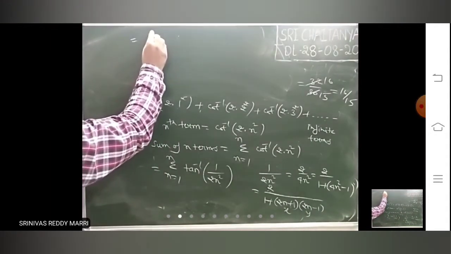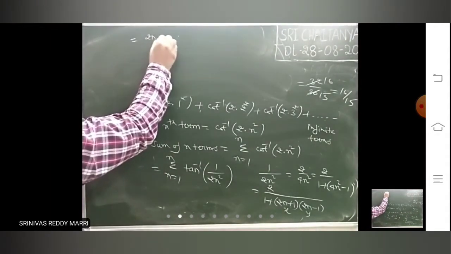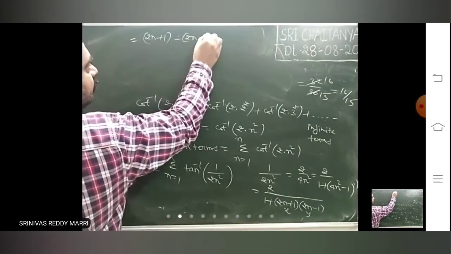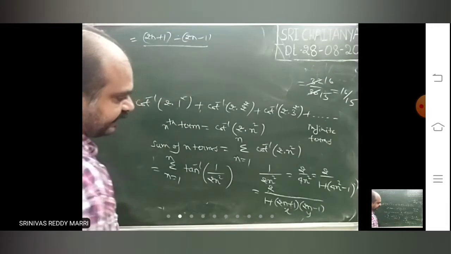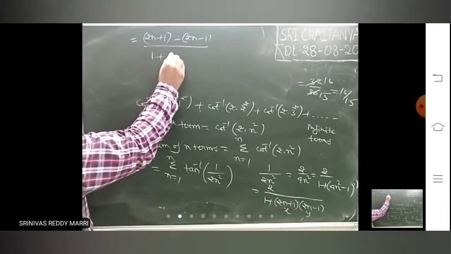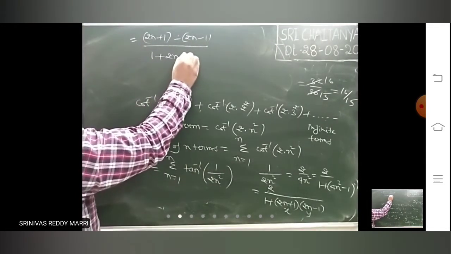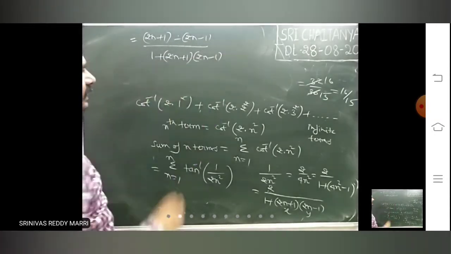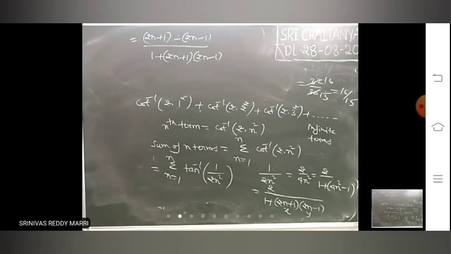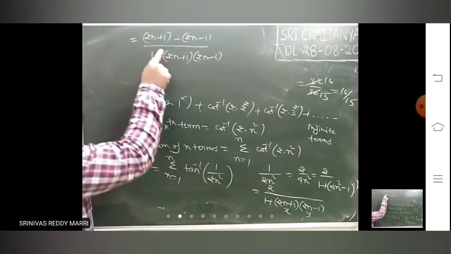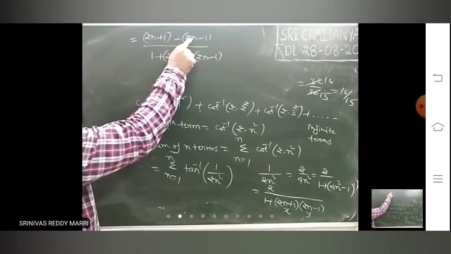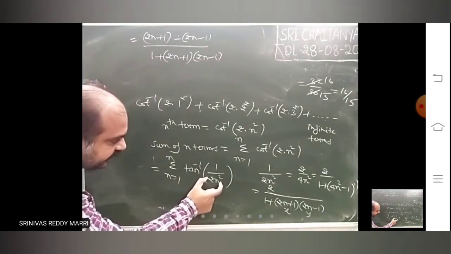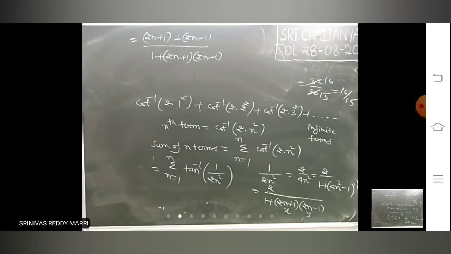So here I am writing 2 can be written as 2n plus 1 minus of 2n minus 1, divided by 1 plus 2n plus 1 into 2n minus 1. Now look at this, 1 by 2n square now is of the form x minus y divided by 1 plus xy. Now instead of 1 by 2n square, you replace that one.